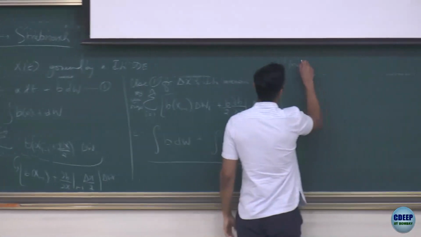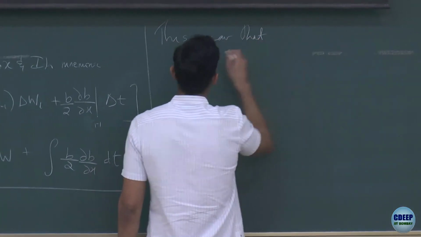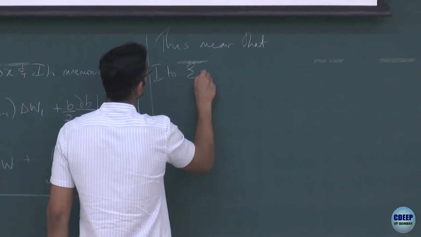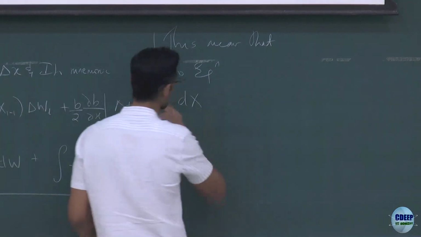So what we have shown is this means that the Ito equation, which is a modification of this. Now I'm saying something separate.